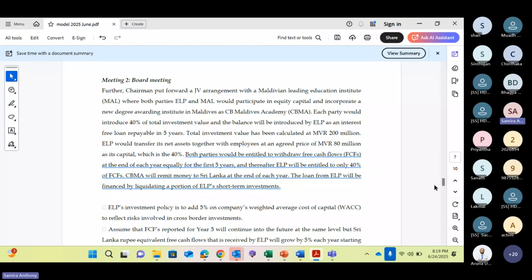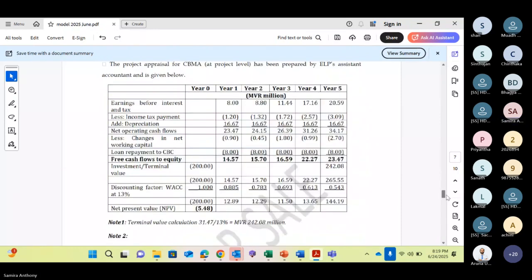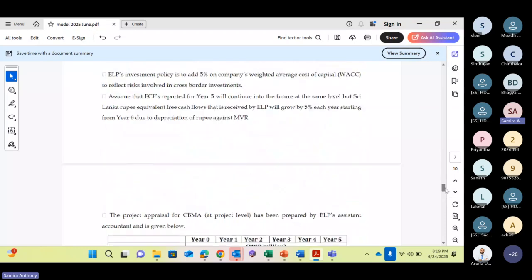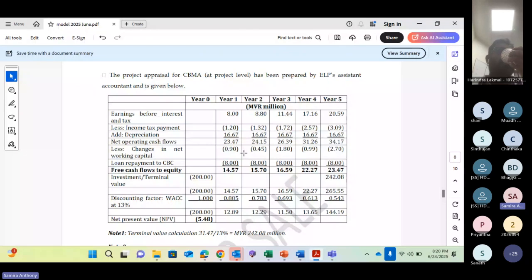Equally, they will distribute free cash flows in the first 5 years, right? Here, earnings, interest, tax payment, depreciation, net operating cash flows, changes in working capital, loan repayment. All are okay. Free cash flows to equity for the first year, 14.57.